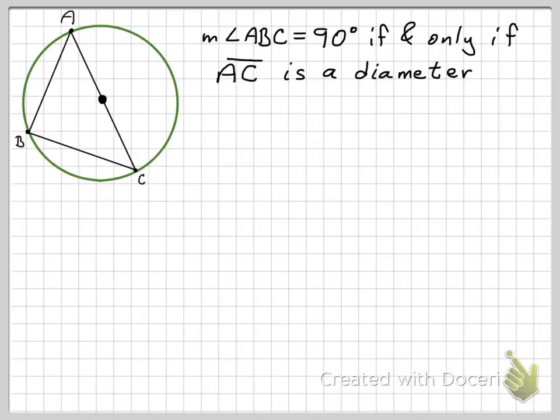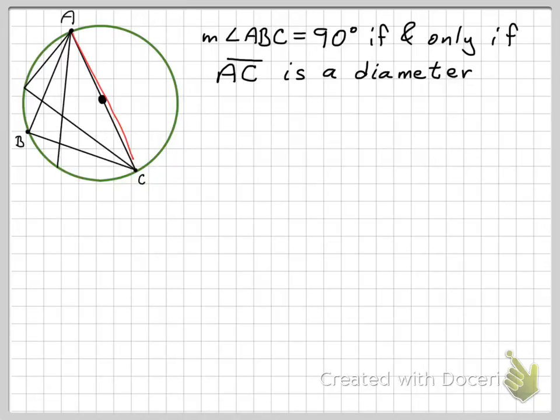So what it's basically saying is, if you have a diameter, or if you have any triangle written inside of half of a circle, drawn in like this, say, like this and like this, an angle within the half of the circle, like this angle, this must be a 90-degree angle.